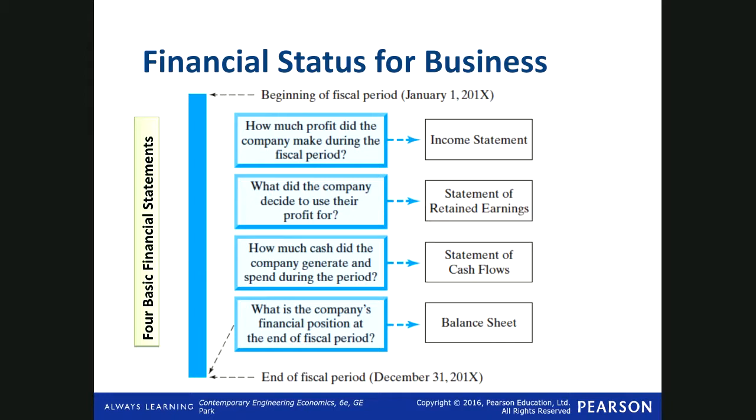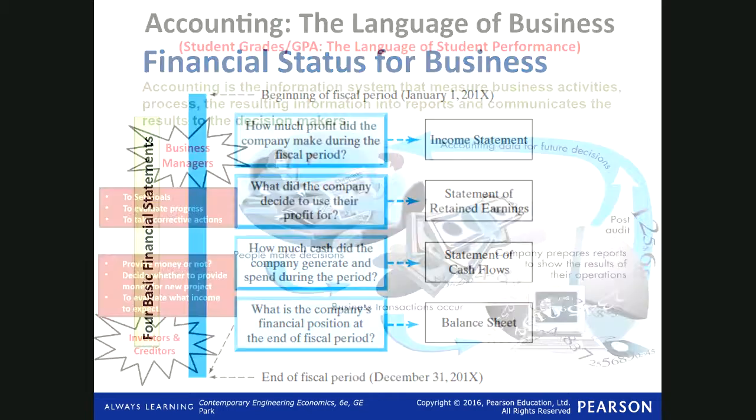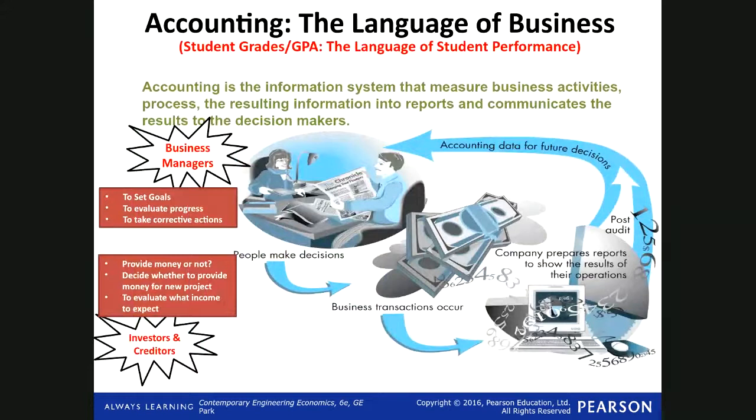There are different types of financial statements which are prepared in any business organization using accounting as a language in business. So this is what we looked at in the last slide about accounting, which is the language of business. So using this language, we prepare financial statements.